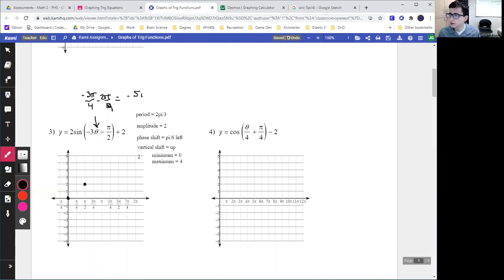How do you apply the vertical shift to the graph? Actually, the vertical shift is already being applied because this plus 2 is here. Just by the fact that I'm plugging in different values for theta, the vertical shift is already working. It's not something you have to apply after the fact.